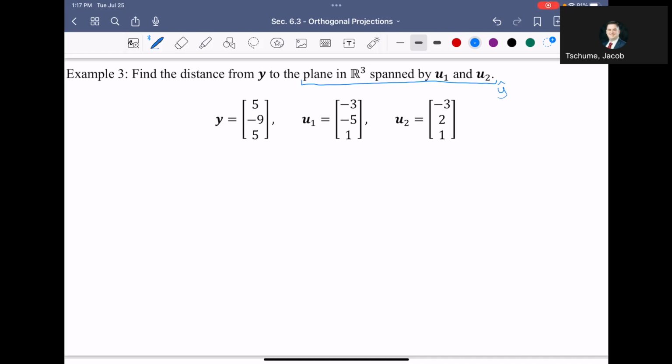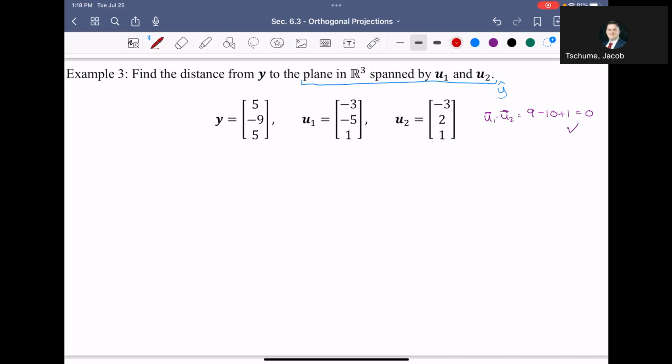So let's find y hat. Before I can do that, I need to verify that I'm allowed to do this, which means I've got to have an orthogonal basis. So I'm going to dot u1 and u2. That would be 9 minus 10 plus 1, which is 0. So we're good to go. So I'm going to write the formula down again. Hopefully by this one, you're starting to get the hang of this.